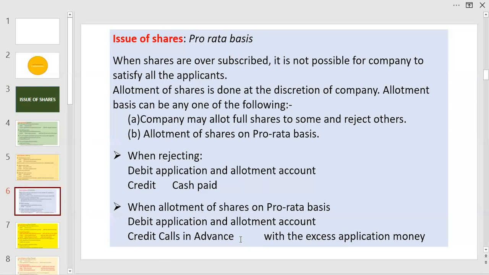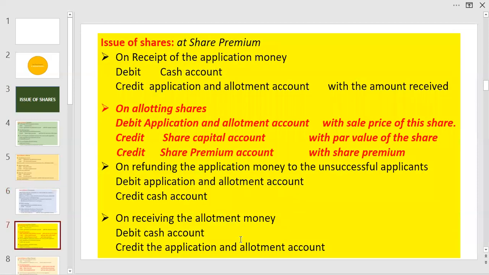Next circumstance is issuing shares at a premium. That is to say, paying at a higher price than the par value of the shares, which is known as share premium. Please look at the journal entries shown here. Except the second one, all others would be the same. Here, the credit will not be only to a capital account, but also to a premium account with their respective amounts.